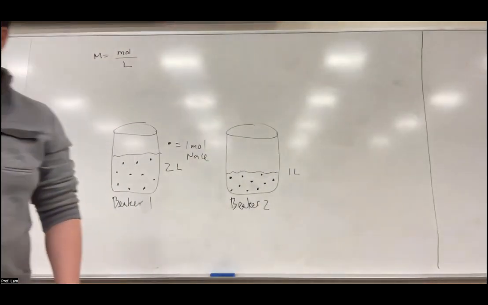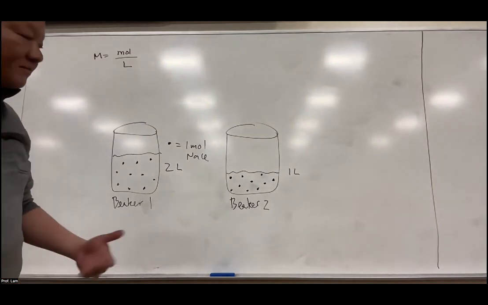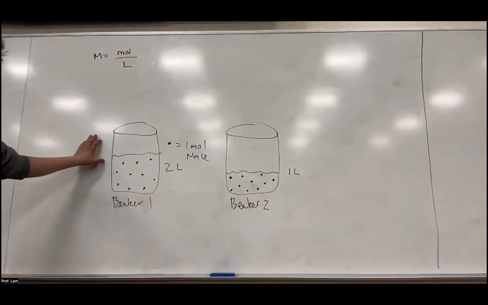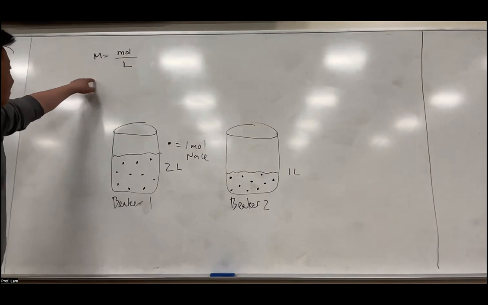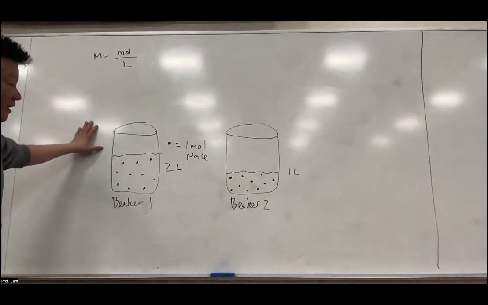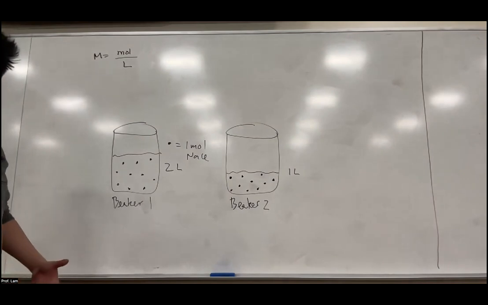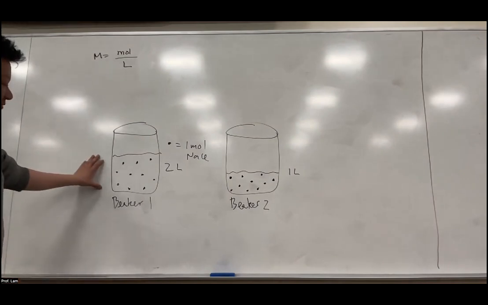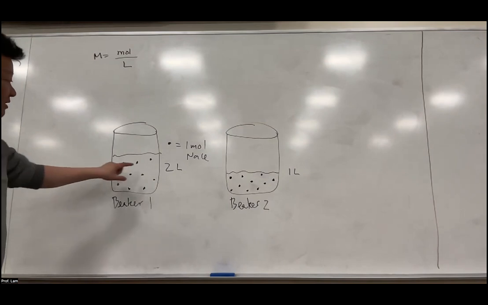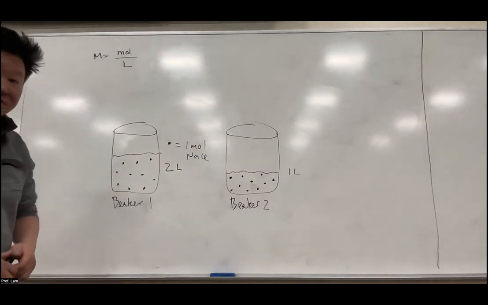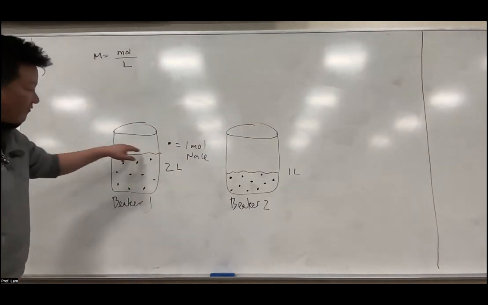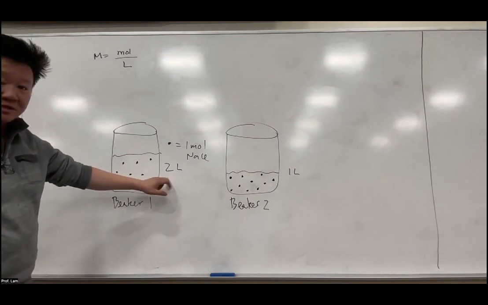Okay, so let's go to the board. I have representations here of molarity, right? So remember, molarity, big M is moles over liter. I got 2 beakers here, right? To illustrate molarity. In the left beaker 1, each of these dots represents 1 mole of sodium chloride, right? And the volume here is 2 liters. You guys see that, right?